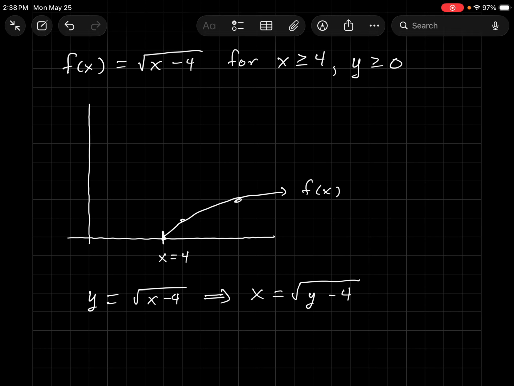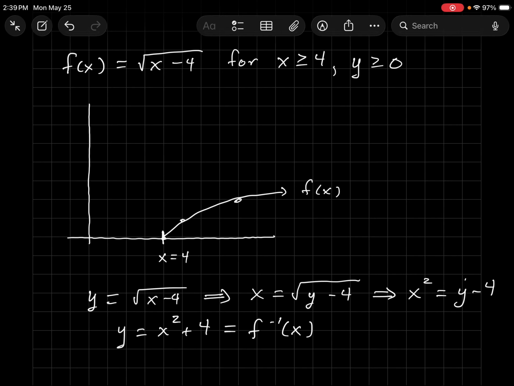We'll do that by squaring both sides, giving us x squared equals y minus 4. And again, this y is really our y inverse at this point. Adding 4 to both sides, we get y equals x squared plus 4. And again, this is really the inverse of our function.